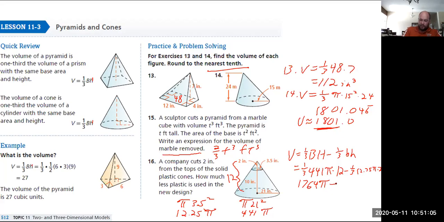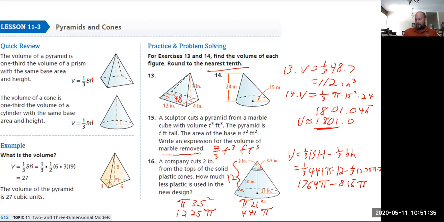And then I have the 12.25 times 2 divided by 3. Again, still leaving this in terms of pi for right now. That's about 8.166 continuous.